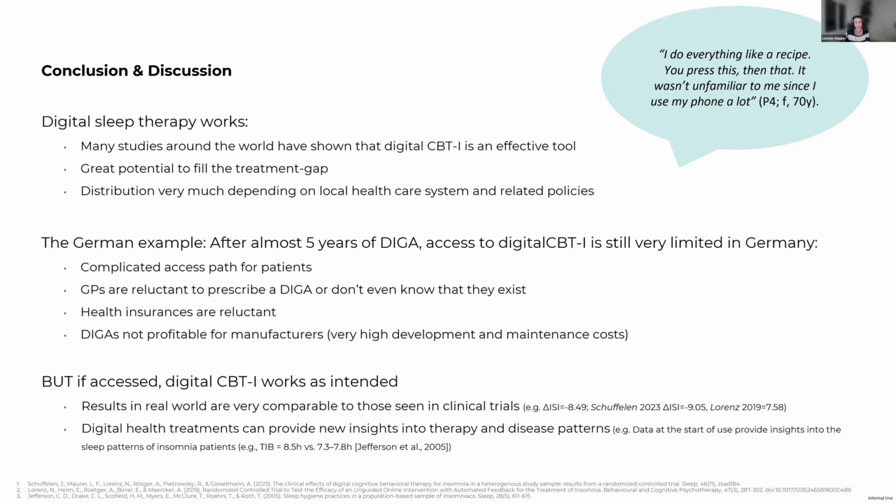For example, the cohort shows that the reduction in the ISI is very much the same as what we see in RCT findings. Digital health also, I think, yields very new insights into sleep behavior at scale, like the long baseline time in bed, which was almost 8.5 hours, compared with the population estimates of around 7.5 hours.